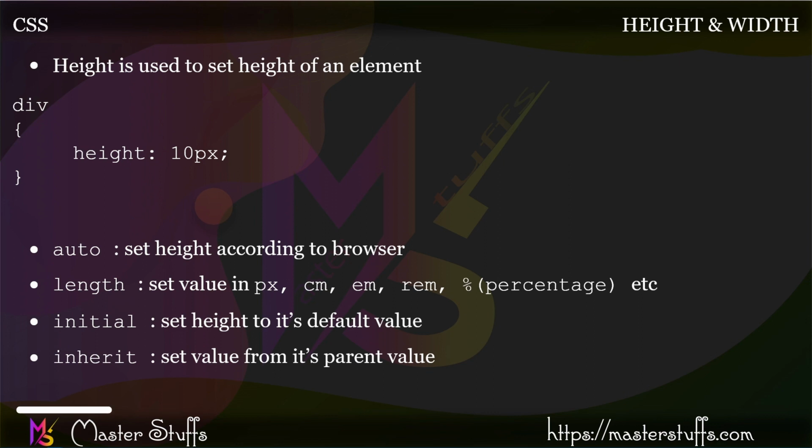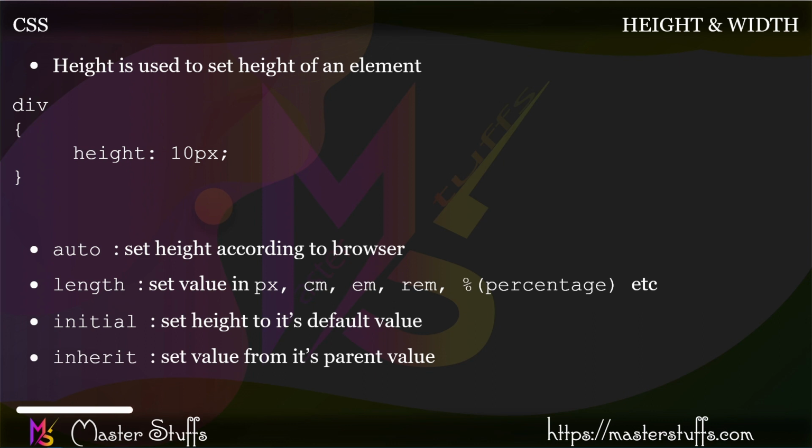So let's understand this first. Think that I take a div tag, and in between the div tag I take a paragraph and a heading tag. The div tag's CSS property height is 10px, and I also set the paragraph and heading tag CSS property height to inherit. So what is the new height of the paragraph and heading tag?